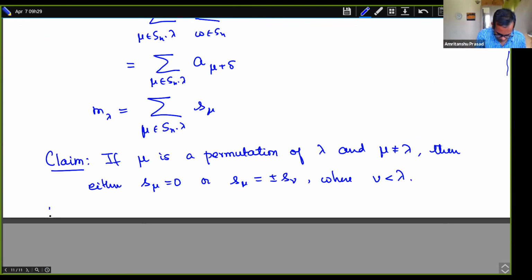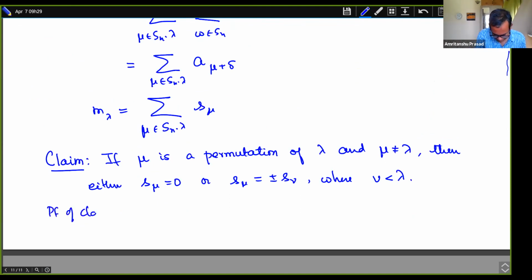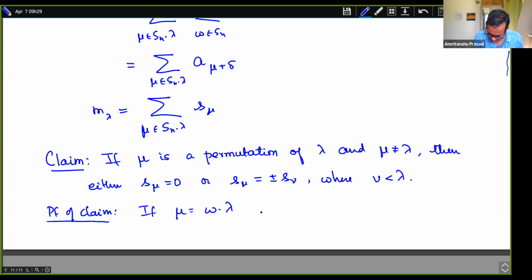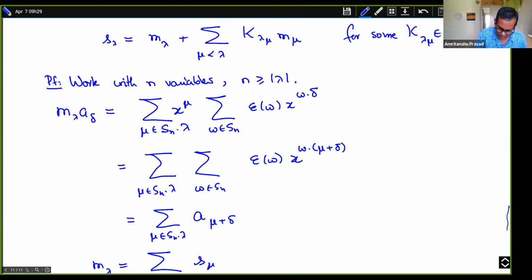So proof of claim is that if mu is w dot lambda... Sorry, in this claim, is lambda somehow a partition? In this claim, yeah, lambda is a partition. Yeah. So here we are looking at, yeah.